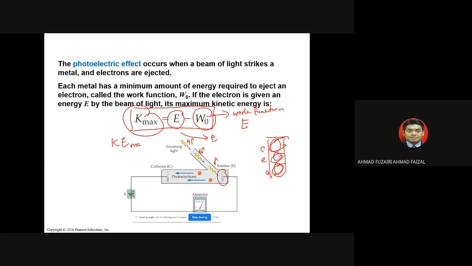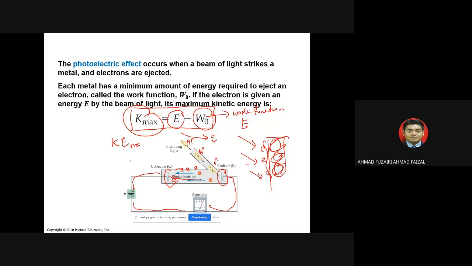This light energy tries to strike the electron, and when the electron breaks free, it is accelerated to the collector. The electron is captured by the collector, and the collector gives current. That's how they get the photoelectric effect. So light hits with the proper energy to strike the electron, and the electron will be ejected and then accelerated to the collector.